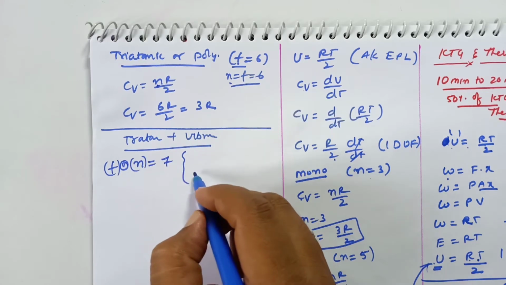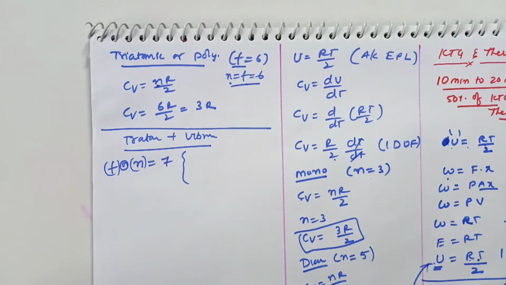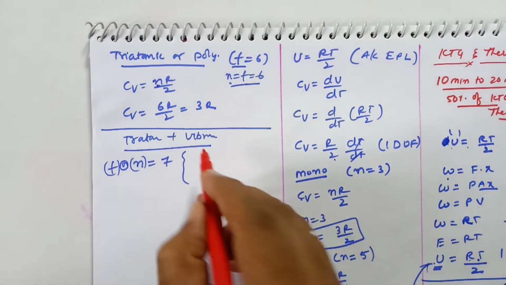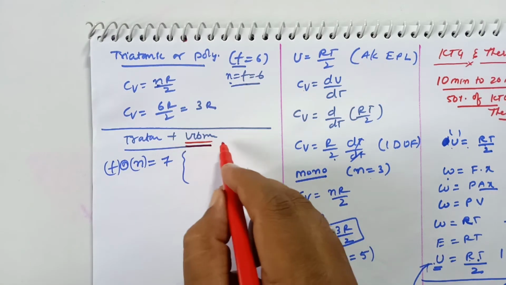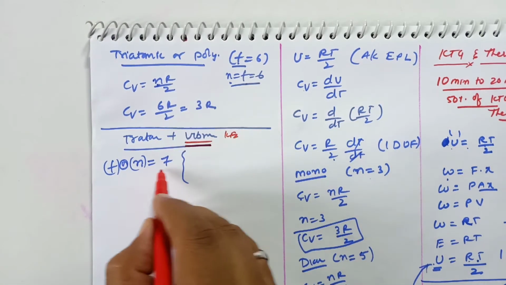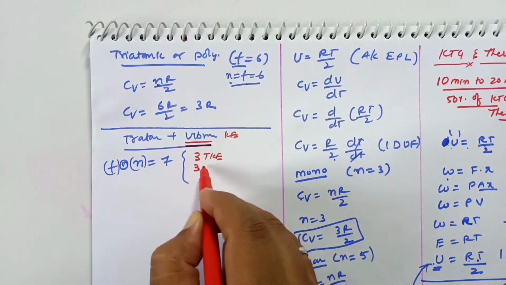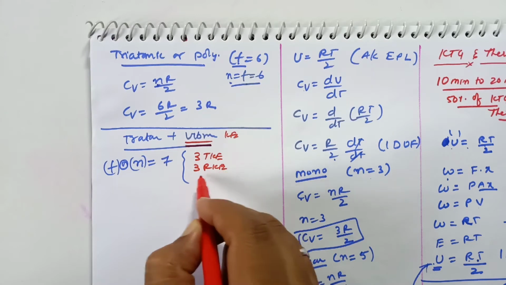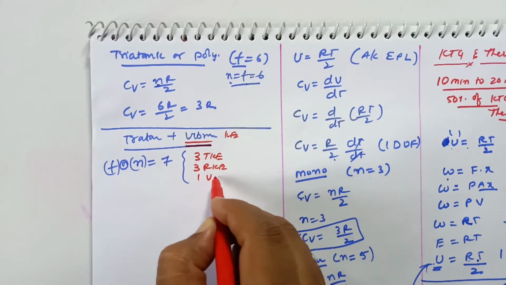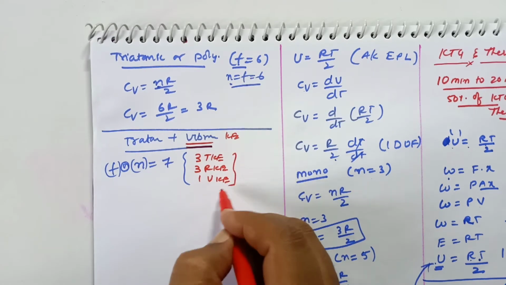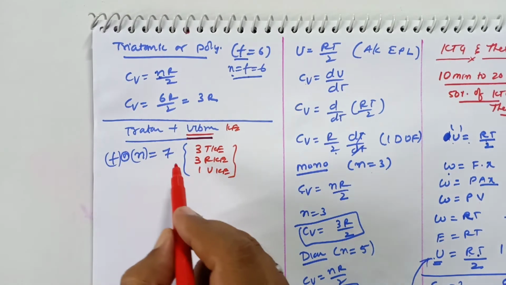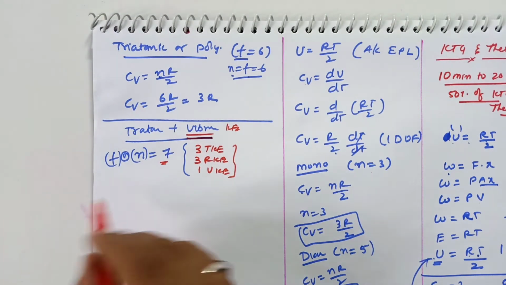The degree of freedom is going to become 7. It is a special case where vibrational kinetic energy is also mixed here. So 7 means 3 translational kinetic energies, 3 rotational kinetic energies, and 1 vibrational kinetic energy is also mixed. So completely it is going to become 7 as degrees of freedom.